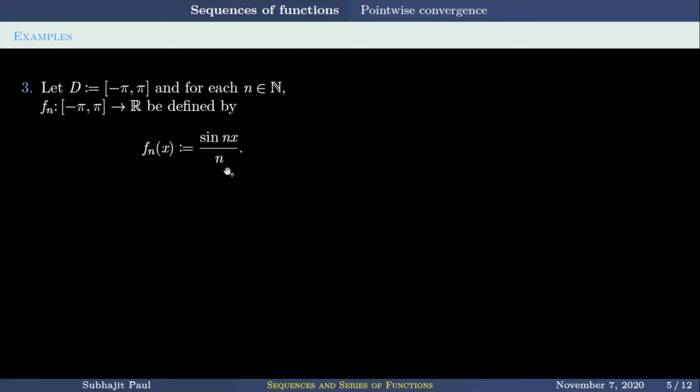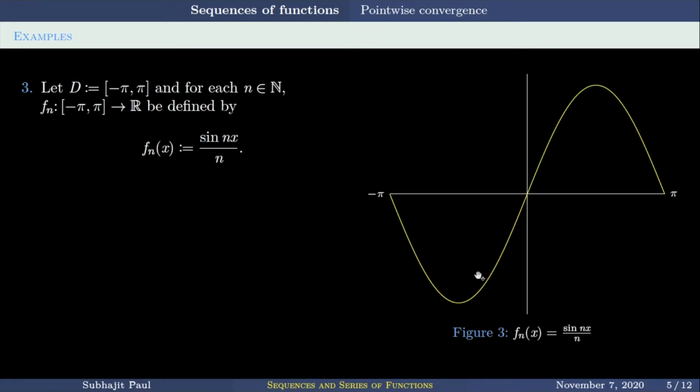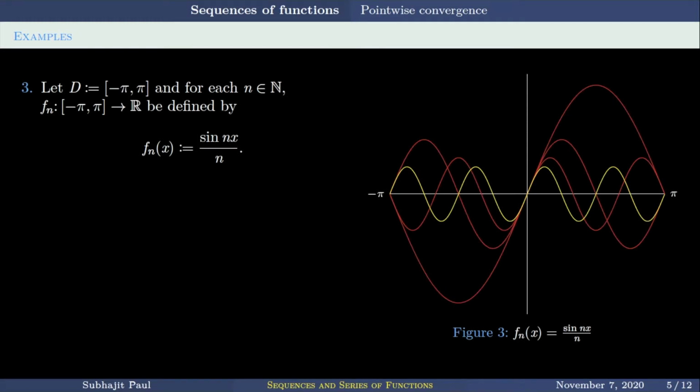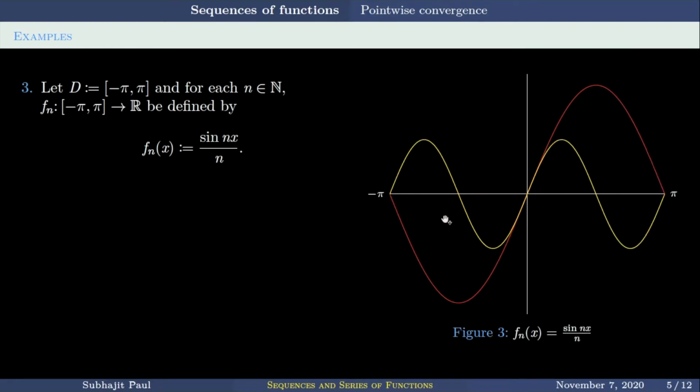Next example, we have the domain as minus pi to pi, and the function is defined as fn(x) equals sine of nx over n. So this is my f1(x), that is sine 1x over 1, that is sine x. This is f2, f3, f4, f5, f6, and so on. Here, n is appearing at two places, in sine of nx and in the denominator. Now, the n in sine of nx denotes the frequency of the wave.